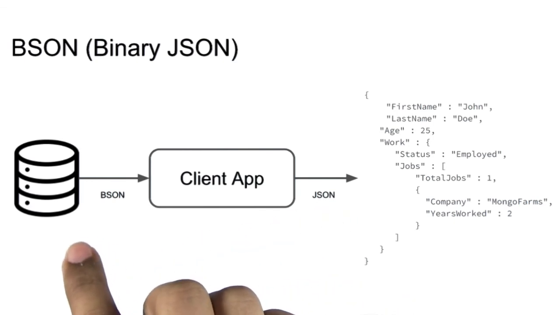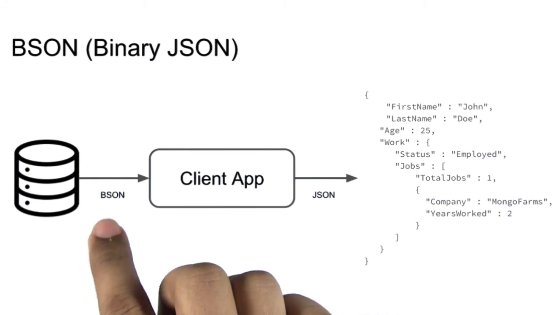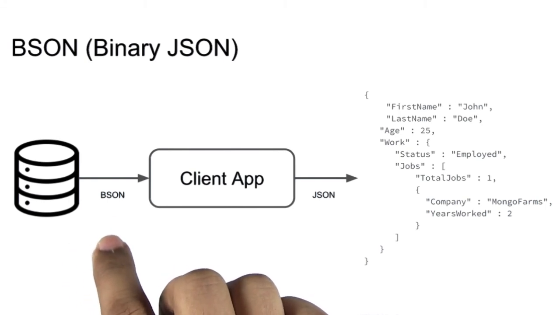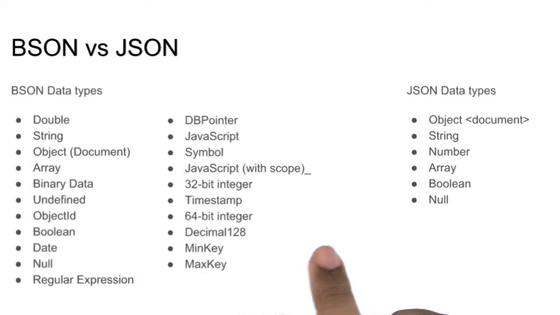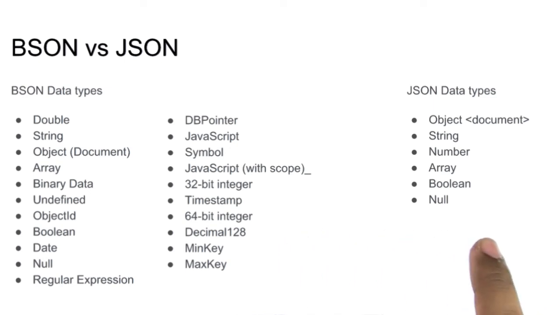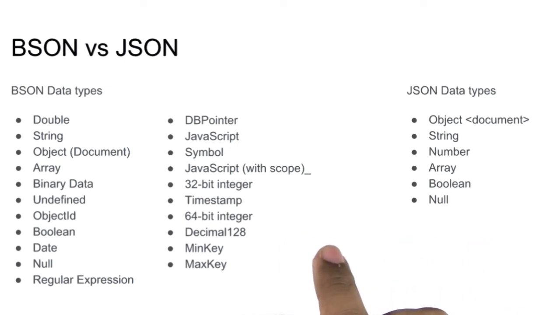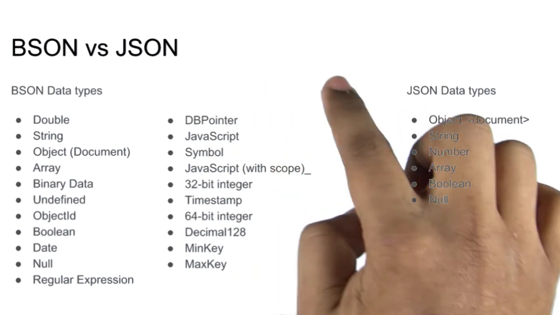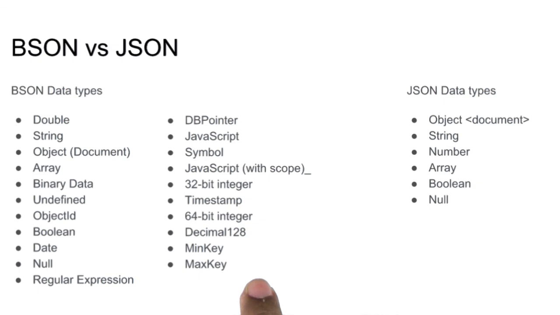But knowing that BSON is under the hood is still important. By using BSON as the underlying structure, MongoDB actually supports more data types than simple JSON. In fact, MongoDB JSON is specifically extended to account for the gap between BSON and JSON's data type support. You can read more about this in our documentation. For this course, just remember that MongoDB JSON is extended to include all of the BSON data types.